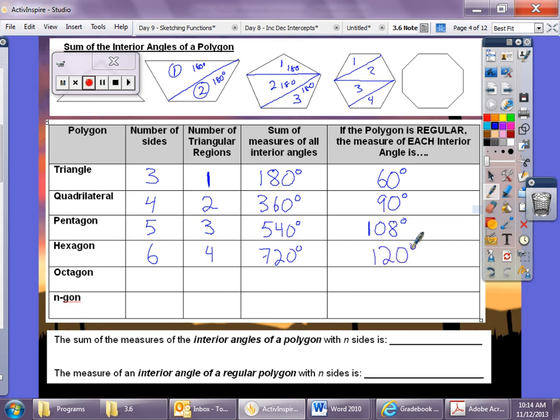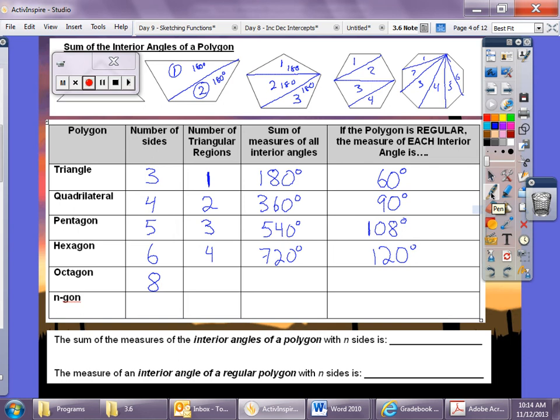An octagon has 8 sides, and an octagon has 6 triangular regions.